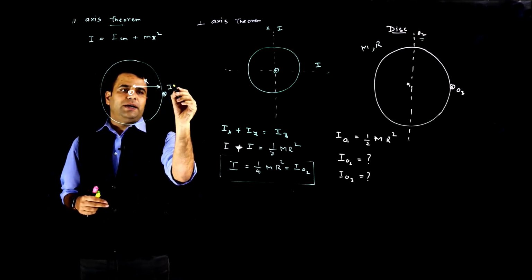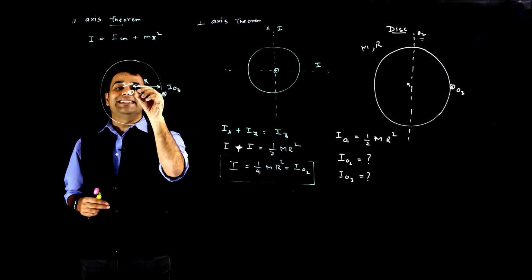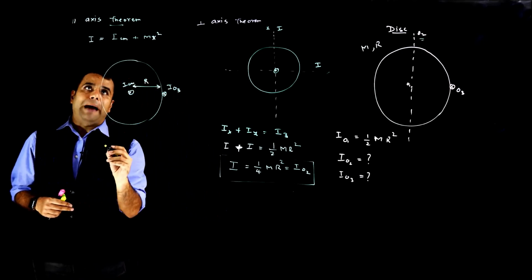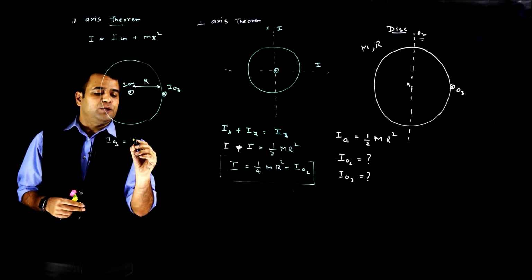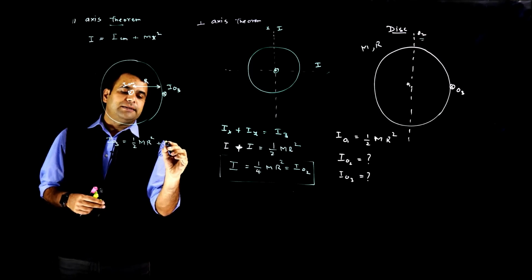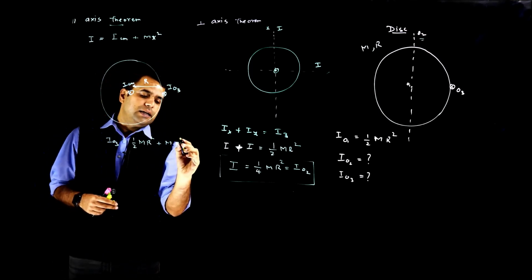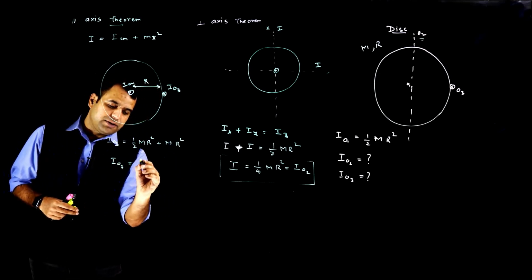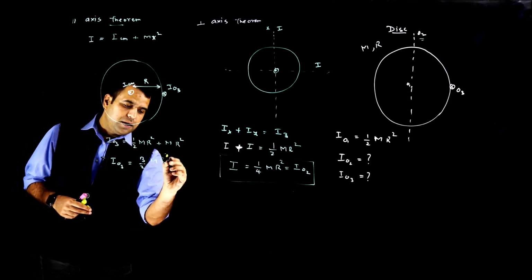This is IO3 and this is IO1, but I'll call it ICM because this is the center of mass. Then according to the parallel axis theorem, IO3 equals ICM, which is half m r square, plus m x square. In place of x, it is r square. That makes IO3 equal to 3 by 2 m r square.